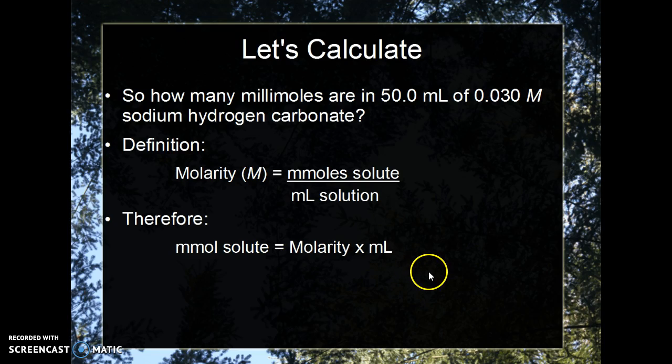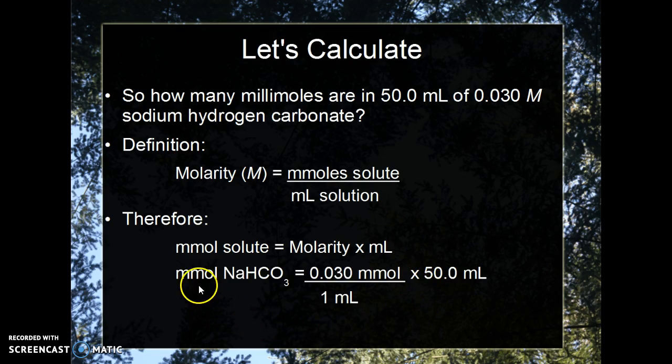So all you have to do is read that and then decide how much you are going to deliver in terms of milliliters. So the millimoles of sodium hydrogen carbonate given in the problem would be equal to the molarity, 0.030 molar, which we're expressing as millimoles per milliliter, times the volume, 50.0 milliliters, which we bring down from the problem.